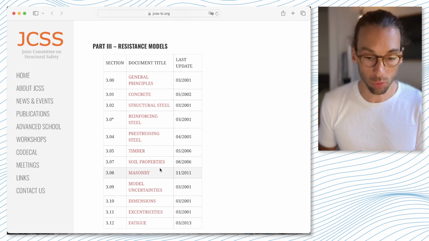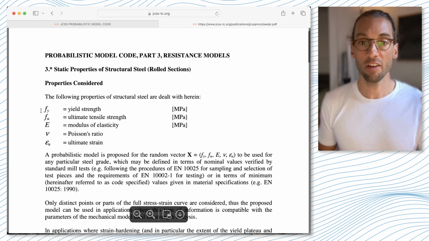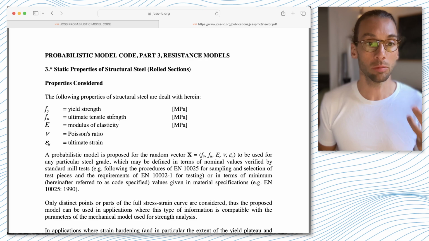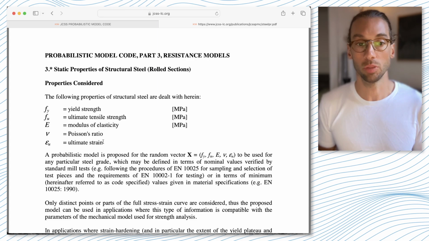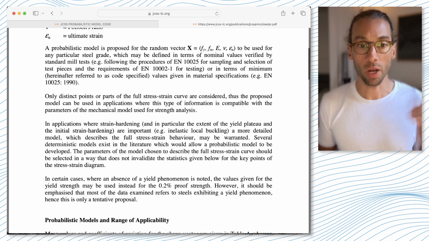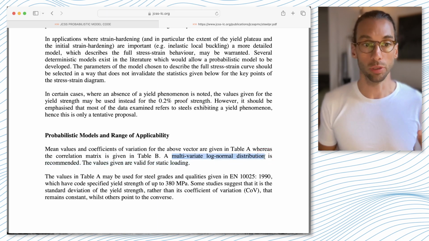If we take a simple one, for instance structural steel, we can see that we have 5 parameters that could be used to characterize steel: the yield strength, the ultimate tensile strength, the Young's modulus, the Poisson ratio, and the ultimate strain. And we can see here they recommend ways to model it. For instance, we should model these 5 parameters using a multivariate log-normal distribution.